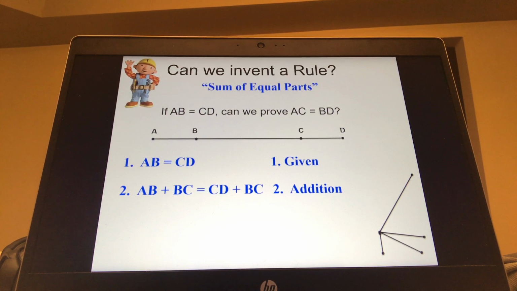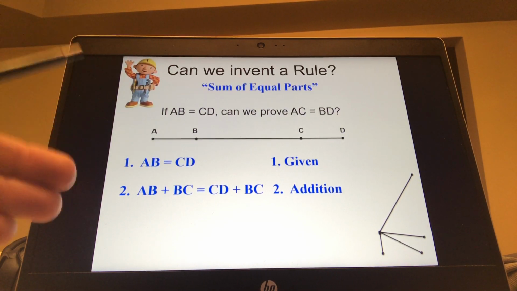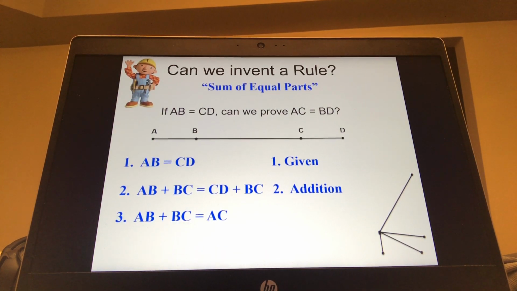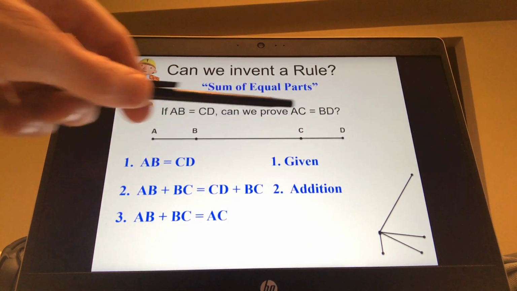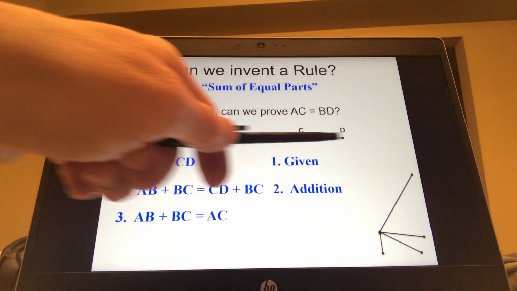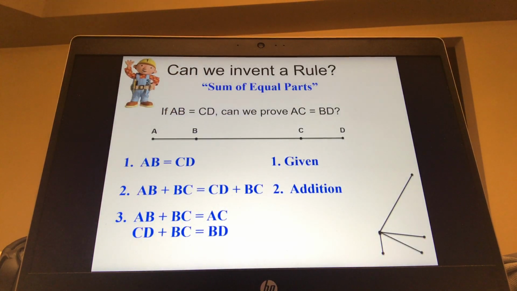Now I'm going to start to do some substitutions, sort of. You might look in the drawing. And again, I'm proving that this really works, so I can apply it to every other problem. The other thing you might notice about AB plus BC, if you add them together, you get AC, which is what we were after in the beginning. You'll notice the exact same thing for CD plus BC. You'd get that other one.